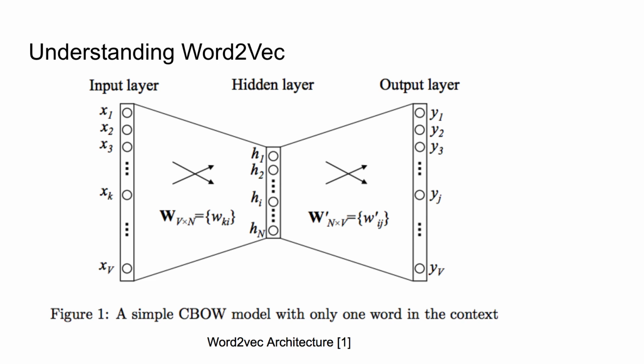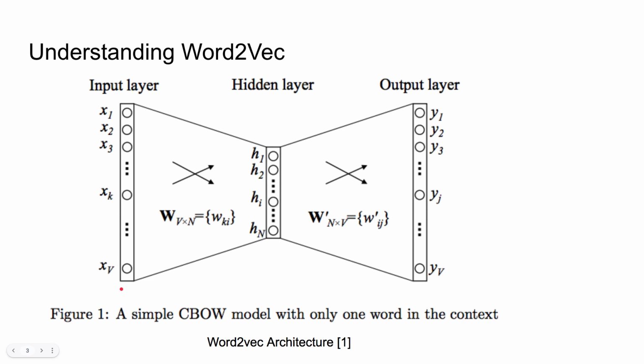Now, this is what a typical architecture of Word2Vec looks like. It has the input layer, the hidden layer, and the output layer. The input layer is a one-hot representation, which essentially means that the vector length is as long as many words in the vocabulary.